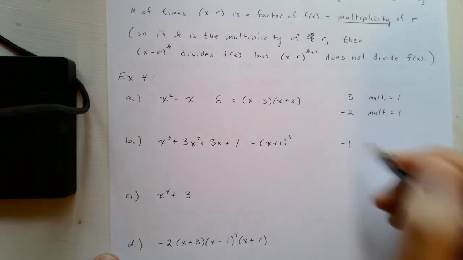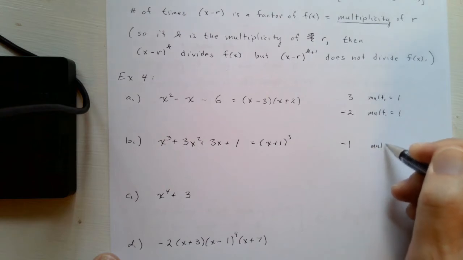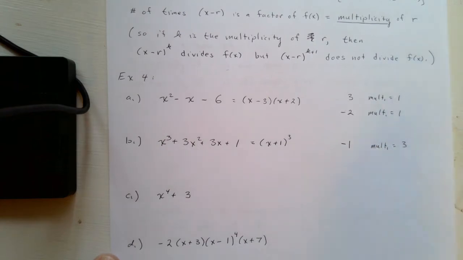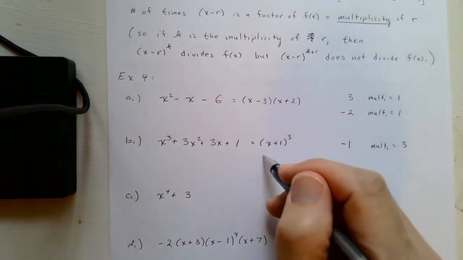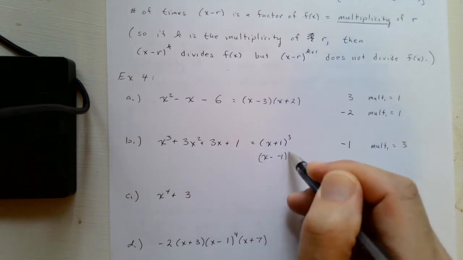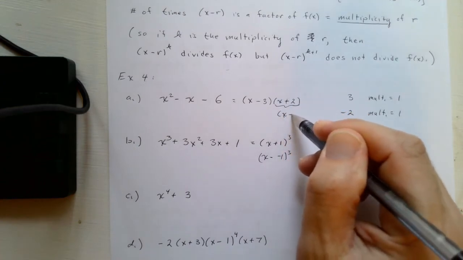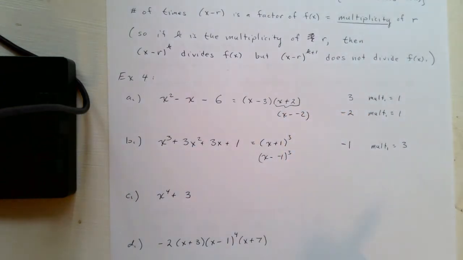So negative 1 is the only 0, and the multiplicity will be 3. Maybe I should write this as x minus negative 1 to the third, just like x plus 2 is the same thing as x minus negative 2. That's why it works.